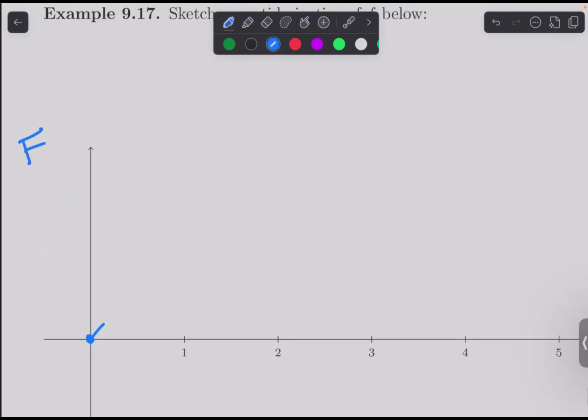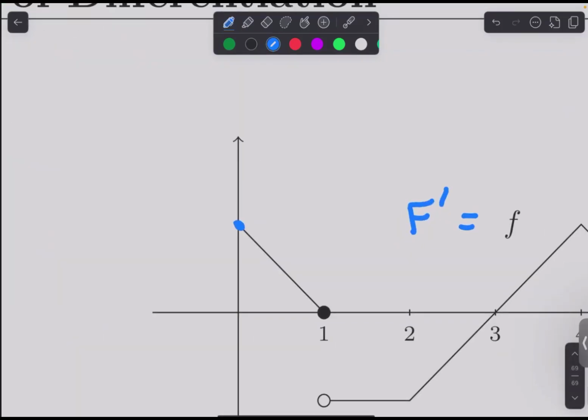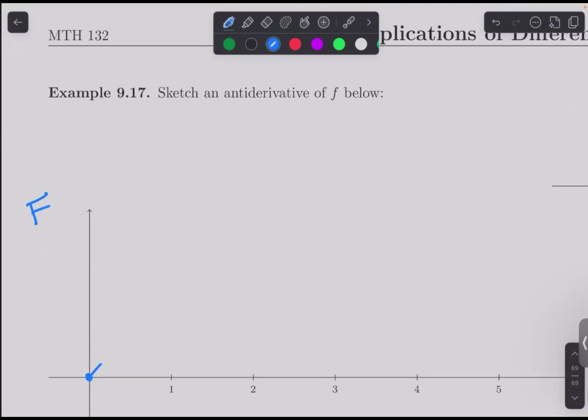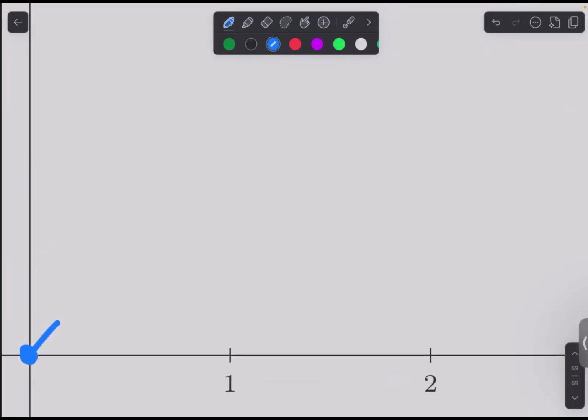My slope is positive, but my slope seems to be kind of teetering out, right? As I continue and I head towards 1, it ends up flattening out. My slope goes down and ends up being 0. So a little bit later here, my slope's going to be a little bit flatter. And then at 1, my slope's going to be completely flat.